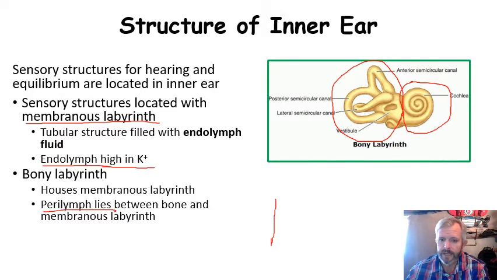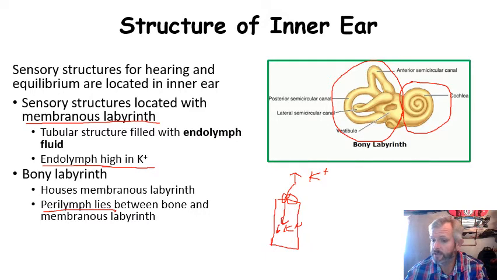So we have a cell and it's bathed in endolymph. Endolymph is high in potassium, so it would be higher in potassium than what's in the cell. If there's a channel for potassium in this case, what's going to happen? Our potassium is going to rush in.